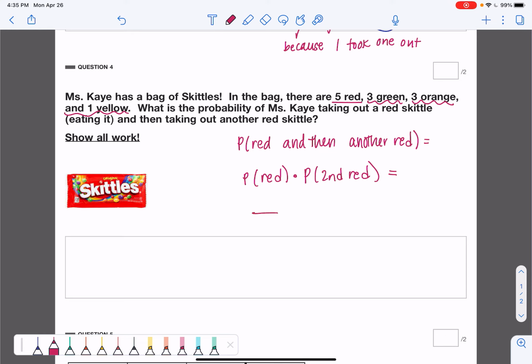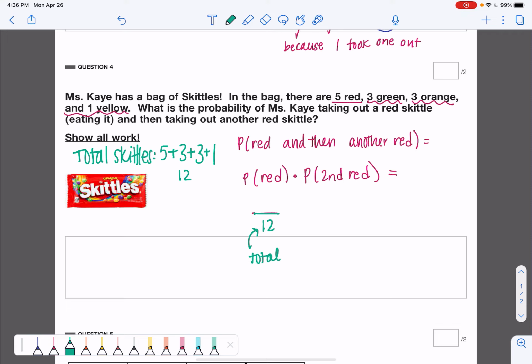We need to know the total number of Skittles we started with. 5 red plus 3 green plus 3 orange plus 1 yellow. So that's 8 plus 3, that's 12. We started with 12. How many red? 5.